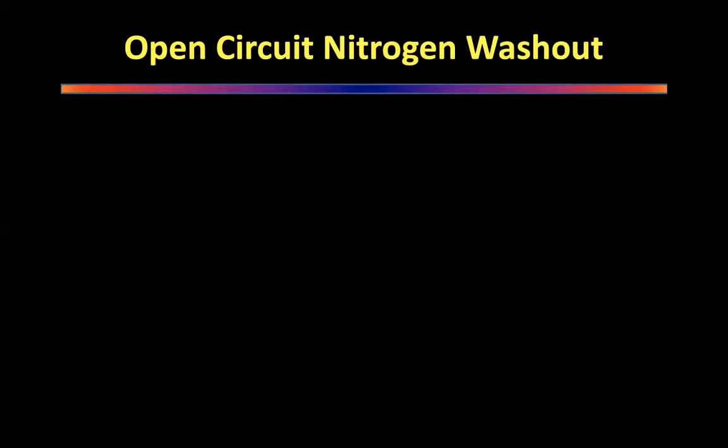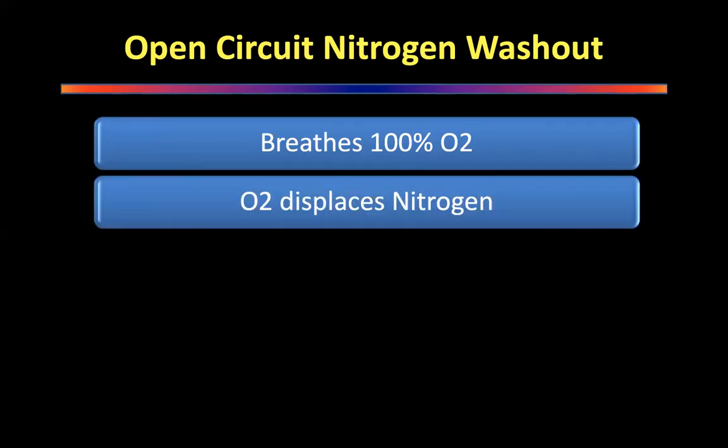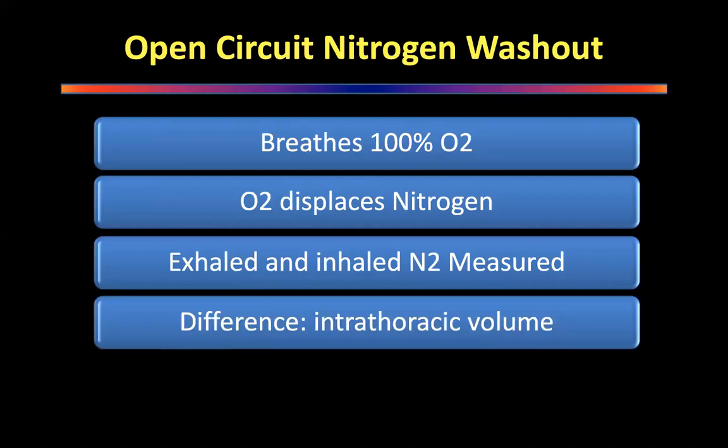The other technique for doing this is called an open circuit nitrogen washout, okay? In an open circuit nitrogen washout, you breathe in 100% oxygen. The oxygen displaces the nitrogen in the respiratory epithelium, and you exhale that nitrogen out, and you measure how much was inhaled, how much was exhaled, and the difference between the two gives you the amount of intrathoracic volume.